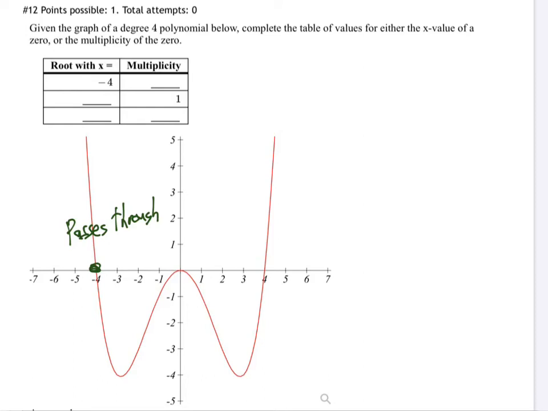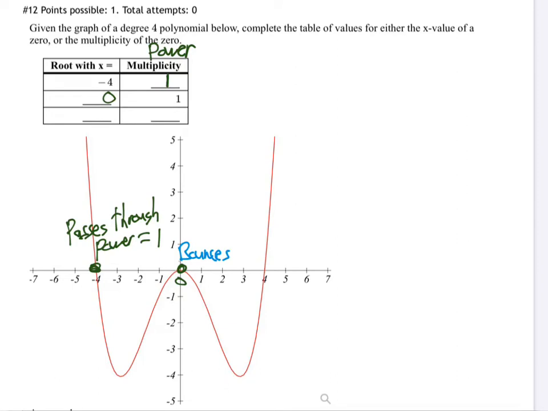Just goes straight through. Power equals 1. So power, that's the multiplicity. Multiplicity is power, right? Power is how many times something's multiplied. What about right here? At x is 0, and it bounces, doesn't it? It bounces at that spot.